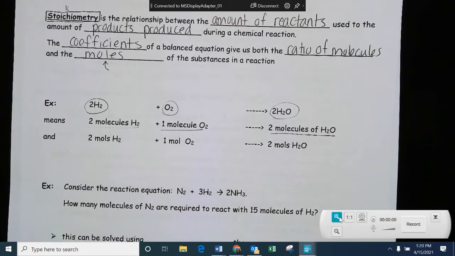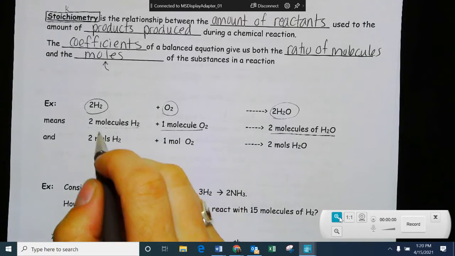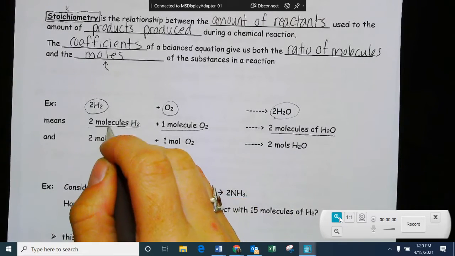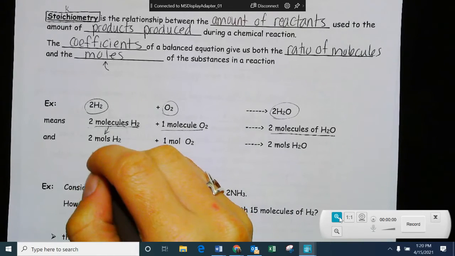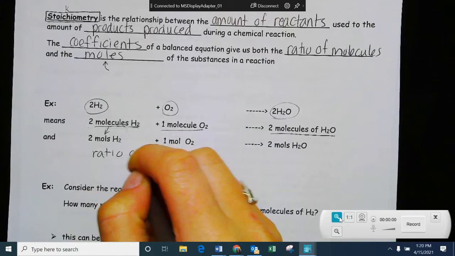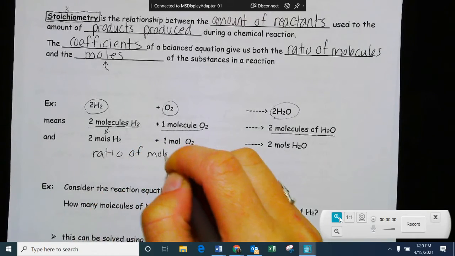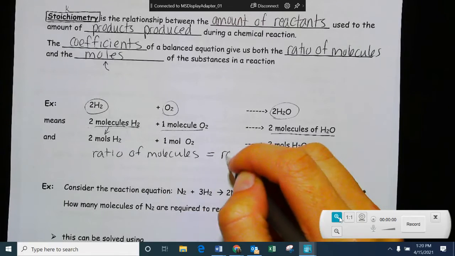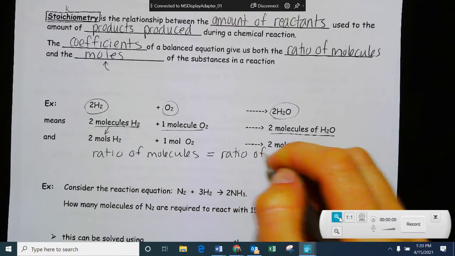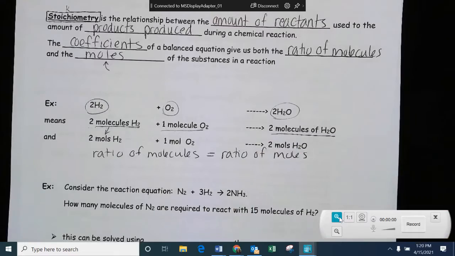And you can take that ratio and turn it into moles directly. As soon as you've got it in molecules, you can go directly to moles for the ratio. So the ratio of molecules is equal to the ratio of moles.